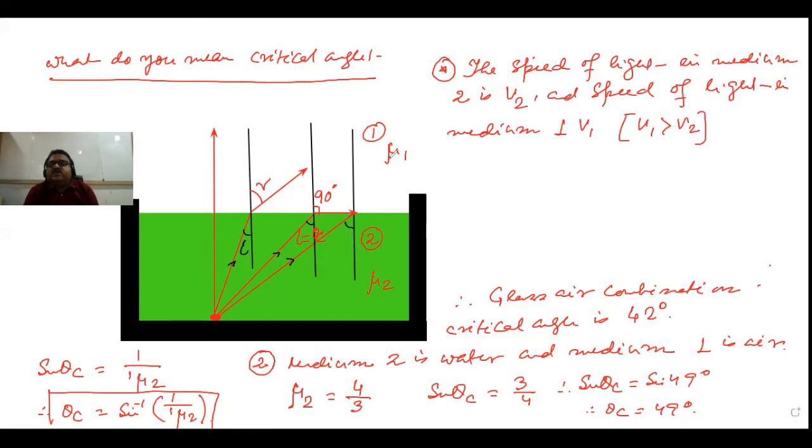That means obviously medium 1 is denser than medium 2. Correct? So question is, find the sine of critical angle for the pair of media.